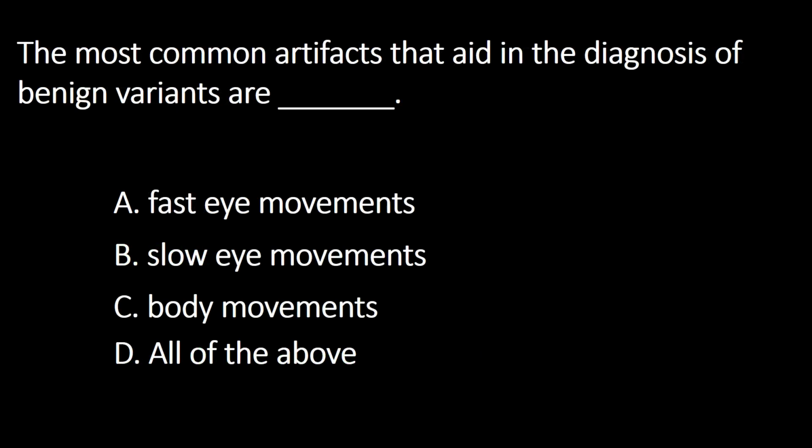Next question. The most common artifacts that aid in the diagnosis of benign variants are: A, fast eye movements; B, slow eye movements; C, body movements; D, all of the above.